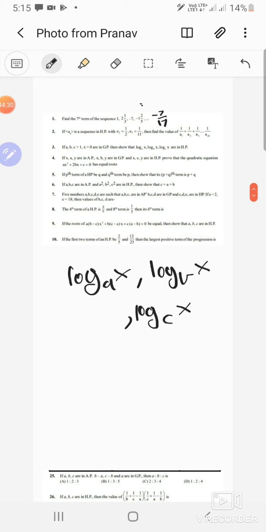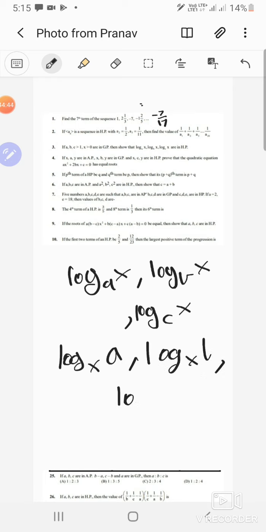We have to prove that this is a harmonic progression. In other words, we have to prove that the reciprocals are in arithmetic progression. So we have to prove that log base x of a, using that rule, log base x of b, and log base x of c are in arithmetic progression. We are given that a, b, c are in a GP, which pretty much means that the logarithms are going to be in an AP.